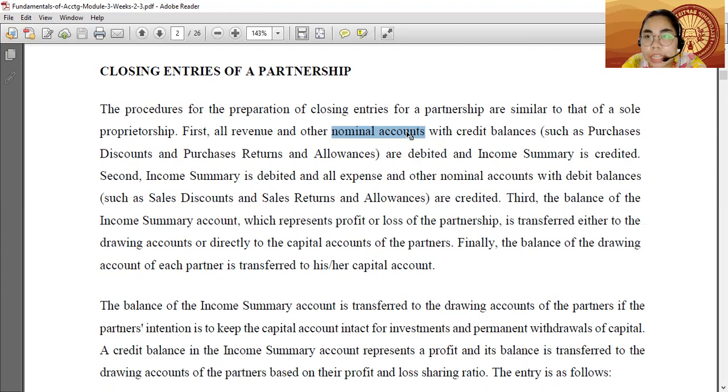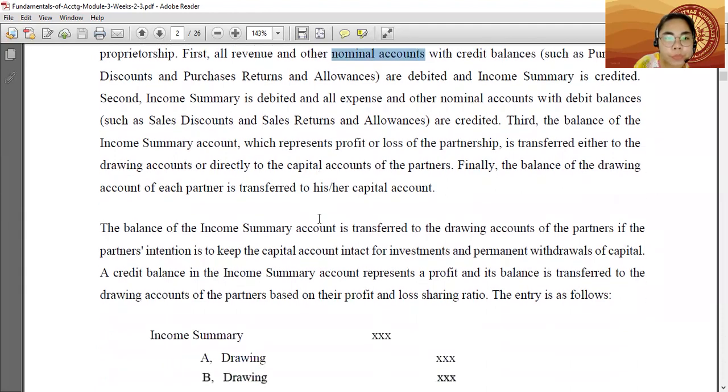So that means there is a gain. And otherwise, it is a loss, class. Okay? So we will see it when we actually have the actual computation, and we already have the entries, when we have the partnership operations proper.